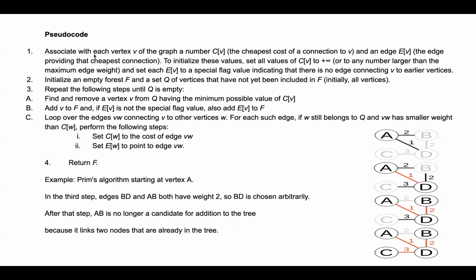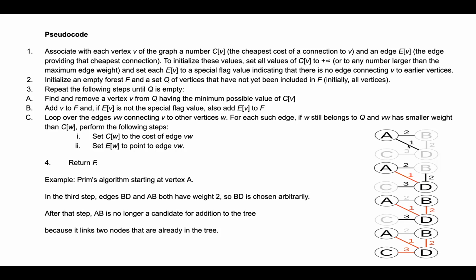Associate with each vertex V of the graph a number C of V, the cheapest cost of a connection to V. We will start from A. From A, which edge is having the minimum cost? A to B is 2 and A to D is 1.